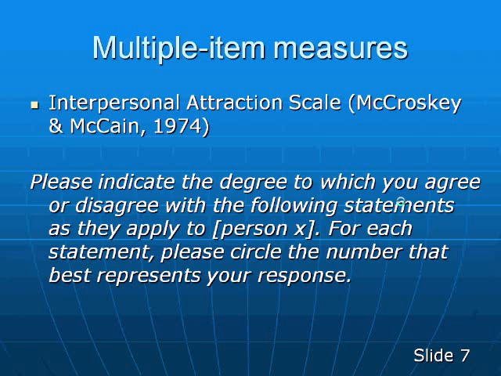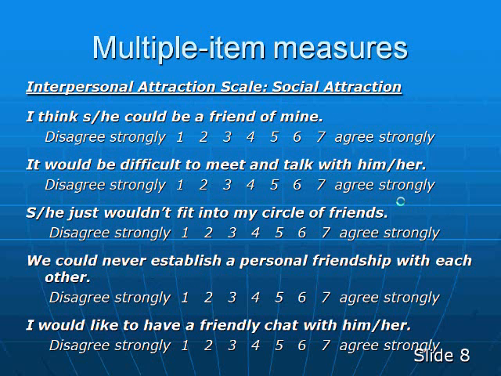So take good note of this. This is important. The first dimension we look at is the social attraction. The social attraction is sort of a general measure of, or general set of items that look at how attractive that other individual is as a person.